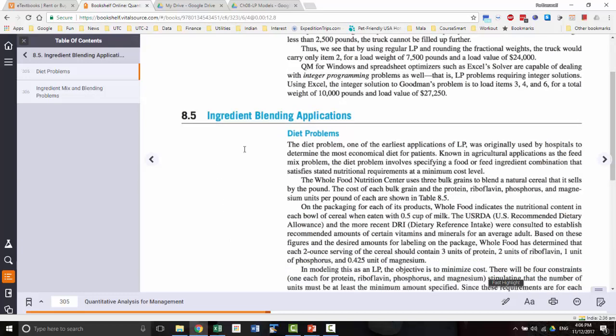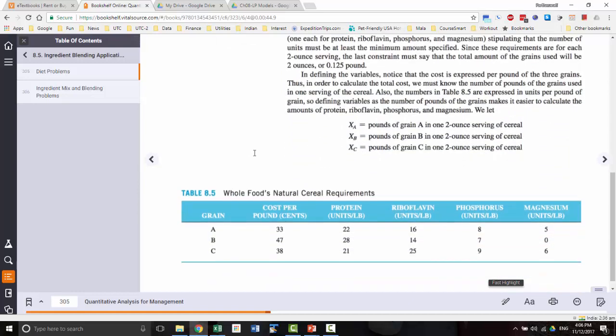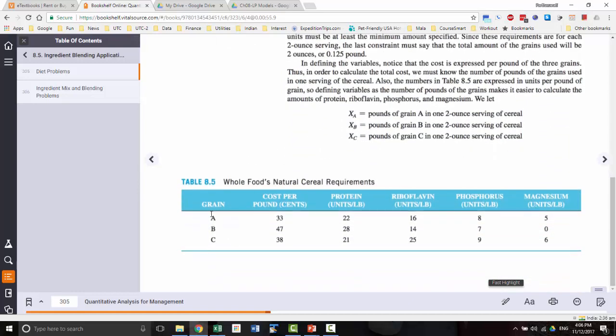So this first application is a diet preparation application where we have a cereal company that mixes three different grains to produce a cereal, and the cereal properties are given here. There are three different grains. Those are the ingredients, and they cost this number of cents per pound.